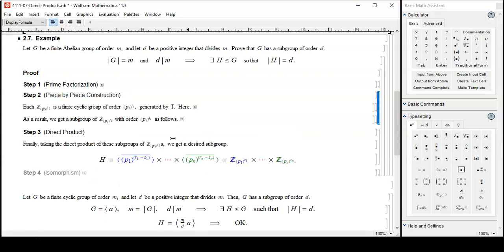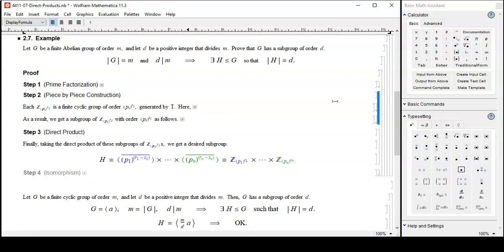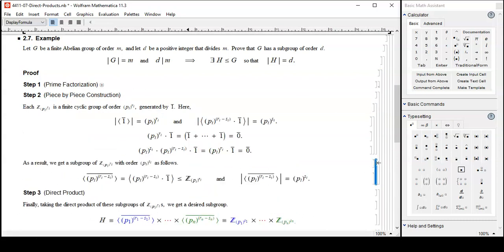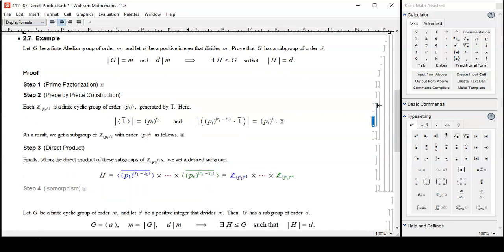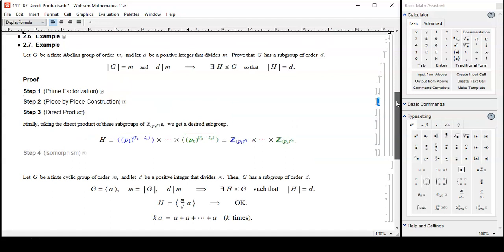Here in step 2, assuming that you didn't remember anything about this in the cyclic case, I redid all the proof here. But yes, if you did not forget it, then you can use it. If you did forget, then you can either go through this in step 2, or you can go back to lesson 4 and review there, either way. Here, I'll assume you remember, or at least you are able to go back to lesson 4 or lesson 6 and restudy. So I'll just assume you can do that, and that's how we moved on.